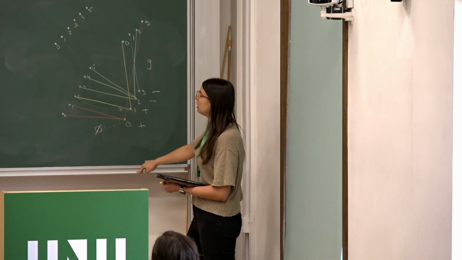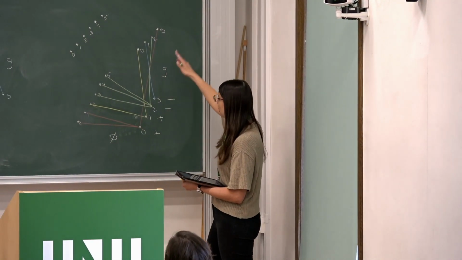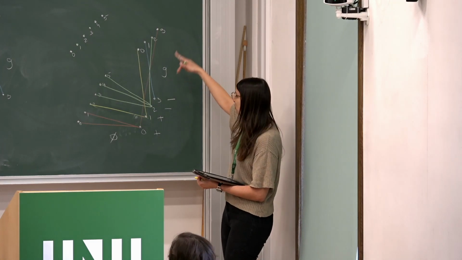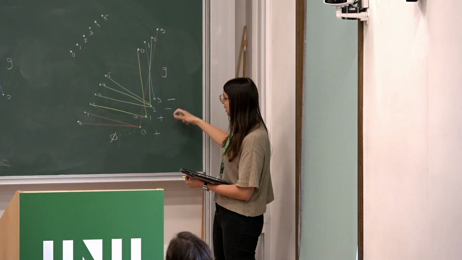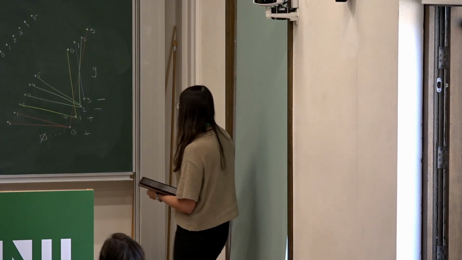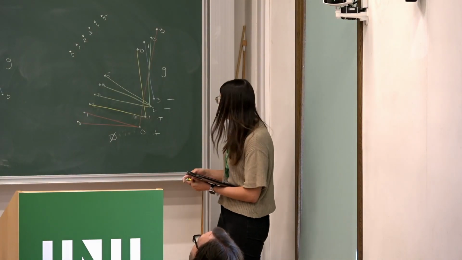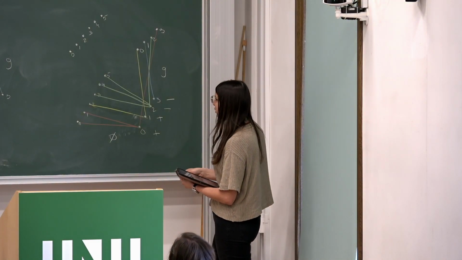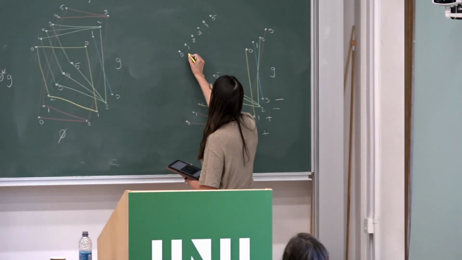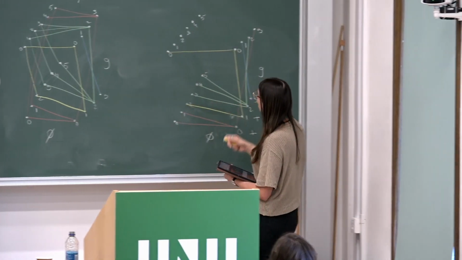Okay, so now let's think about the hyperoctahedral group. Here we have a permutation, but not just that. An element in this group now is a permutation plus a tuple of elements in C2. I'm going to use the notation plus and minus for the elements of C2. So I just label the strands by either plus or minus. Okay, so let's start. Here at the top it's going to be exactly the same, because this needs to be a mapping in delta.